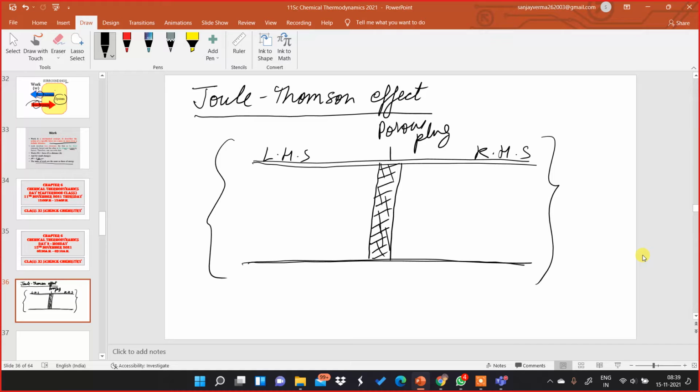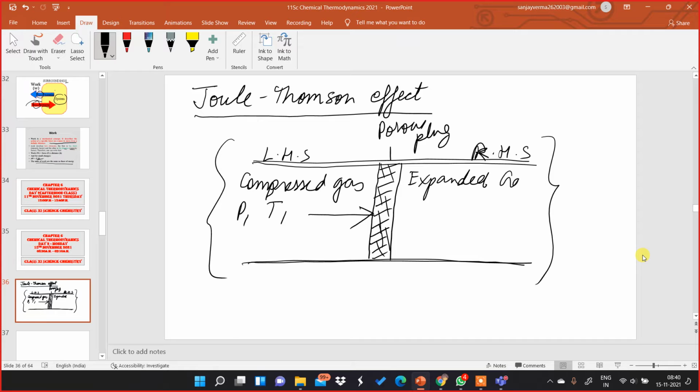On the left hand side, there is a compressed gas, kept at pressure P1 and temperature T1. It is compressed at high pressure. Now this gas is allowed to pass through the porous plug.